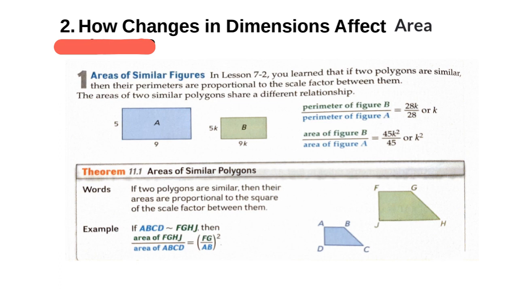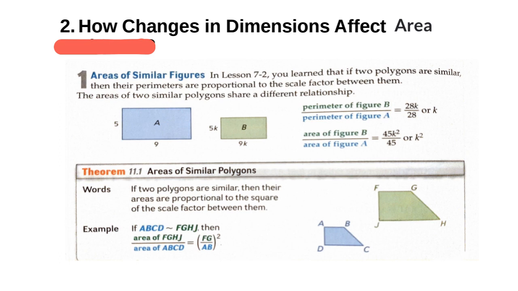Here we have two similar figures, rectangle A and rectangle B. So we have the perimeter of rectangle B is 9k plus 5k plus 9k plus 5k, which is 28k, and the perimeter of rectangle A is 9 plus 9 plus 5 plus 5, which is 28.